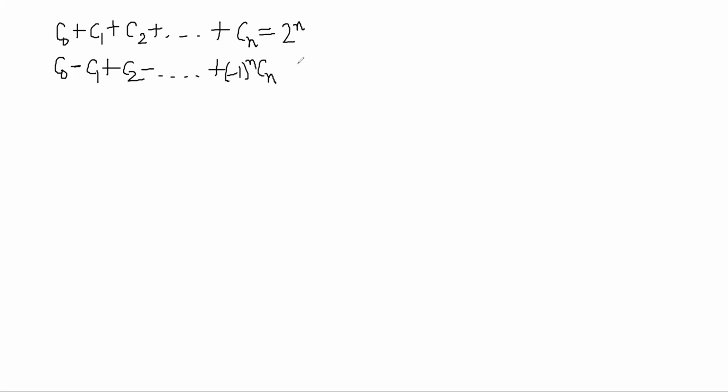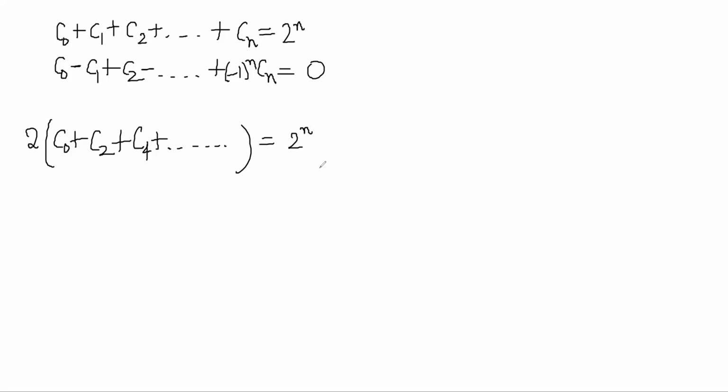C0 plus C1 plus C2 till Cn was equal to 2 power n, and C0 minus C1 plus C2 minus and so on will be equal to 0, right? If you add the two together, what do you get? 2 times, correct?